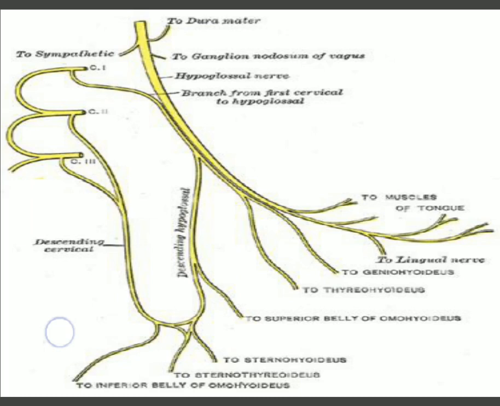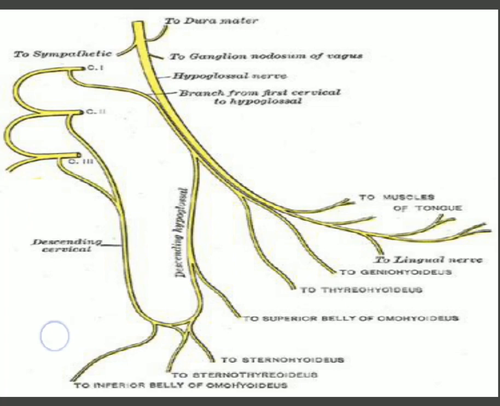Fibers from this travel, reach the hypoglossal nerve here, and then they separate and they form the superior root in the carotid triangle. Similarly, there is an inferior root. Inferior root is also known as descendens cervicalis. It is formed from the C2 and C3.